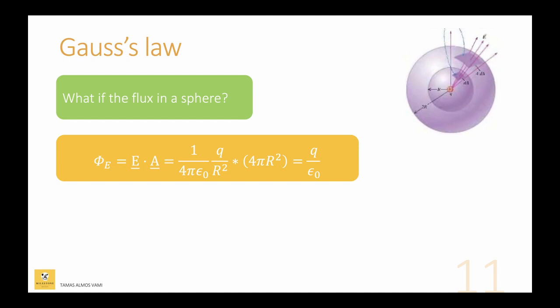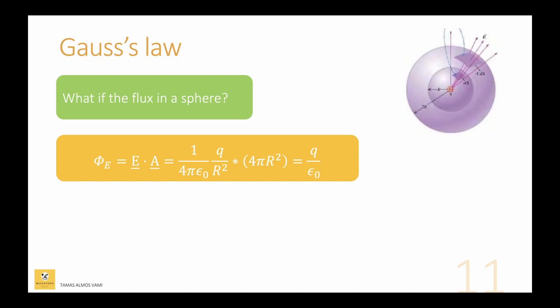So when we have a sphere, at every point where we look at the perpendicular vector to that sphere, that's going to be radial. So that means that the angle of this A vector and the angle of the electric field vector is the same. So we can just get rid of that, and this is really just the electric field multiplied with the area. There is no vectors needed after all, because this is a special case when the two vectors are parallel to each other.